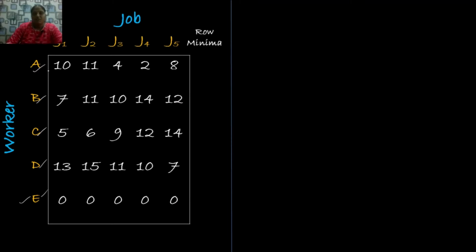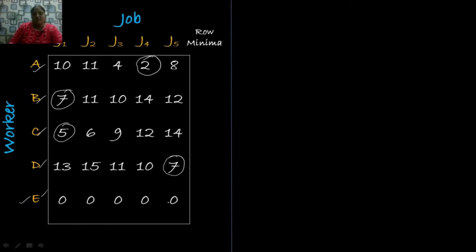For the first row, 2 is the minimum element. In the second row, we have 7, which is the minimum element. In the third row, the minimum element is 5. And in the fourth row, 7 is the minimum element.